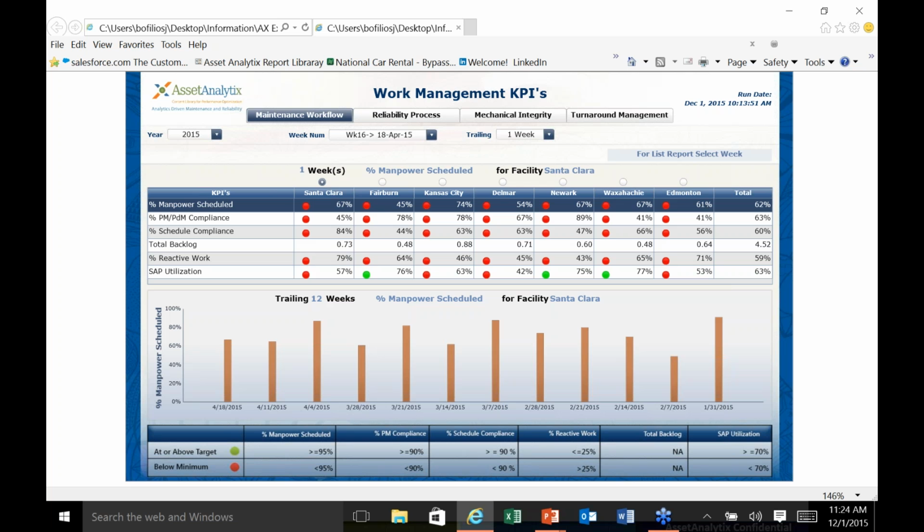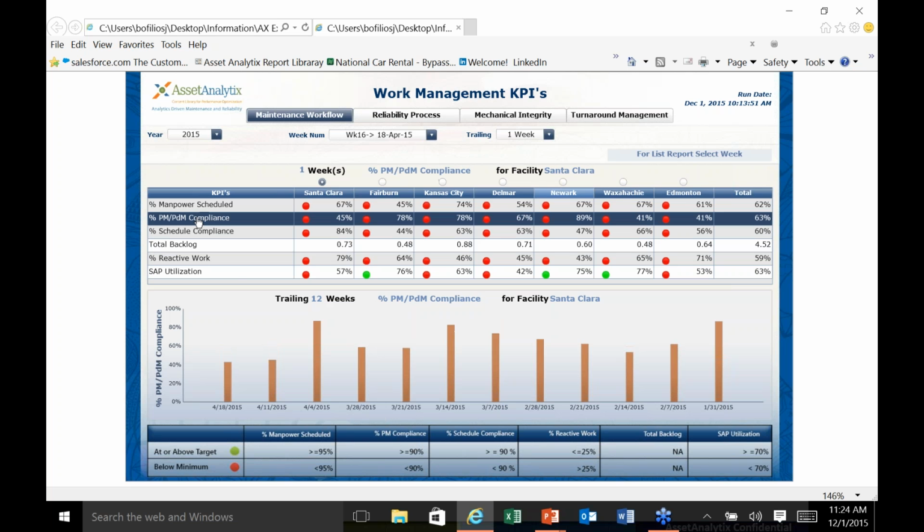If I do eventually want to get down to the data, I can develop a different role-based type process. So let's say here I am looking at my PM compliance. Well, I can click on a particular site. I can say, okay, my PM compliance for this particular site is 89%.